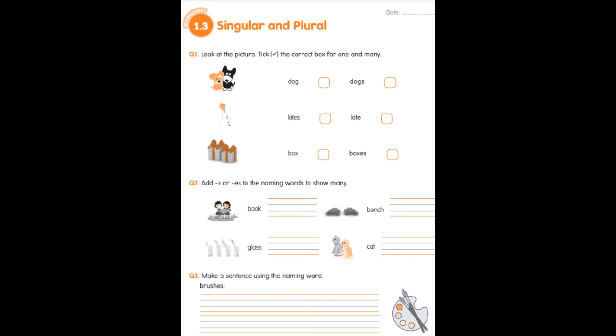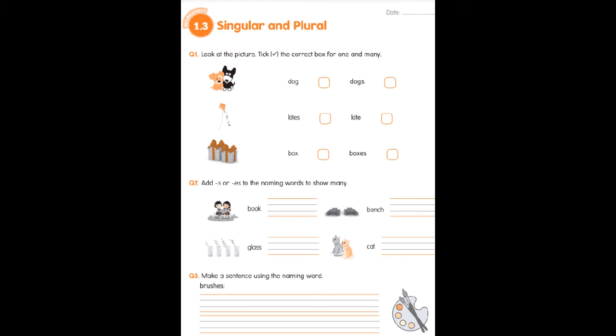Okay. The next word is glass. So to make it plural, we have to add es again: glasses. And the last word is cat. So we are going to add only s over here: cats.